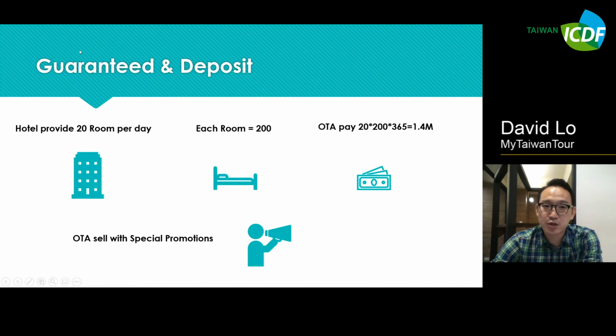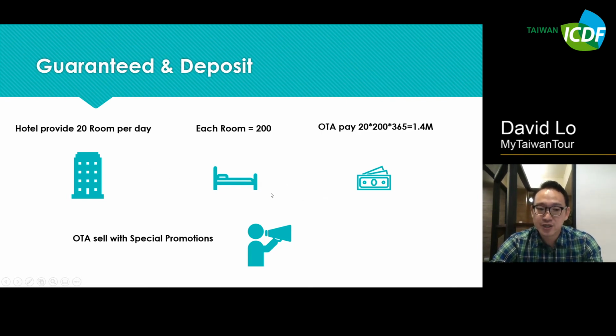So this is a special promotion, or say a deposit or advance payment, that the OTA provides to me. But they will use special ways to sell them online to make sure these 20 rooms are sold every single day.